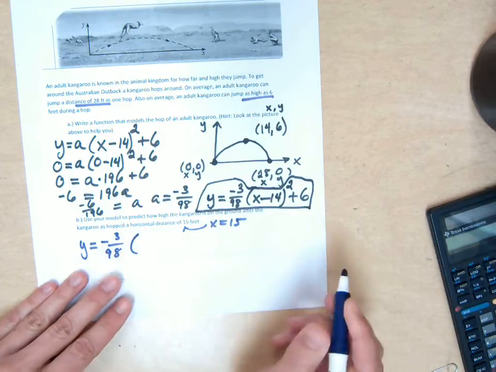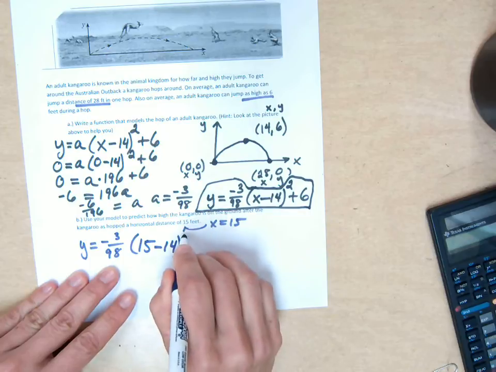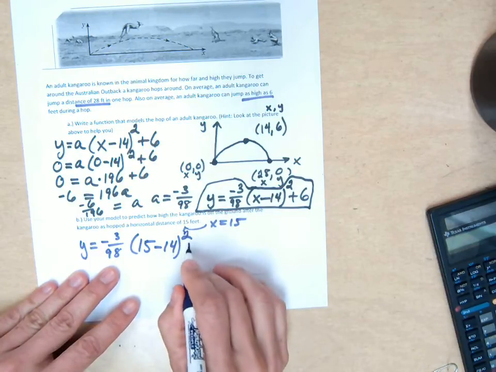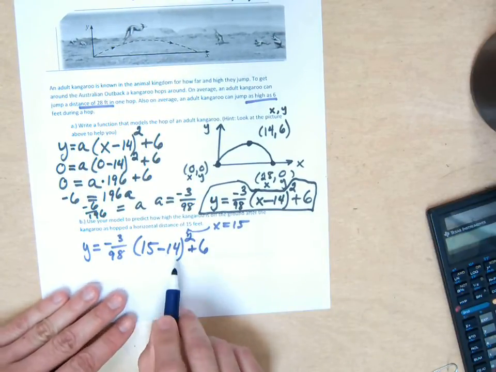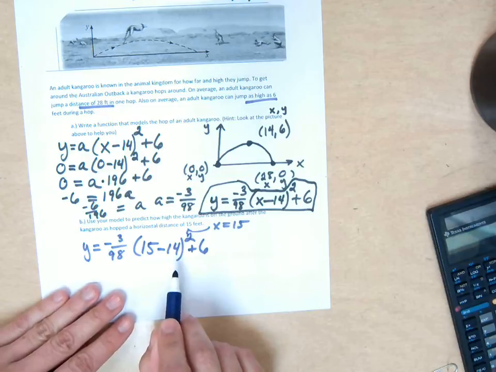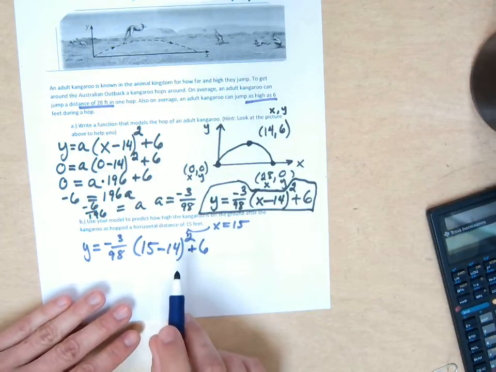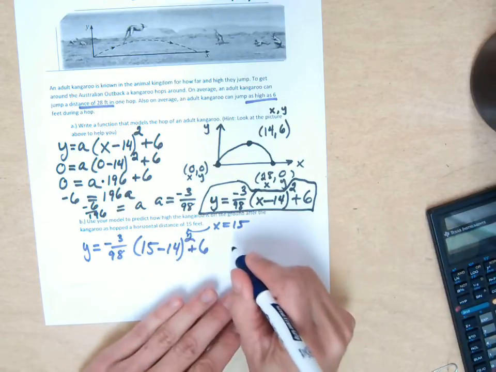So you get y equals negative 3 over 98 times 15 minus 14, lovely, squared, plus 6. So if you could type this whole thing in on your calculator carefully, and I'm happy to help you use your calculator well.